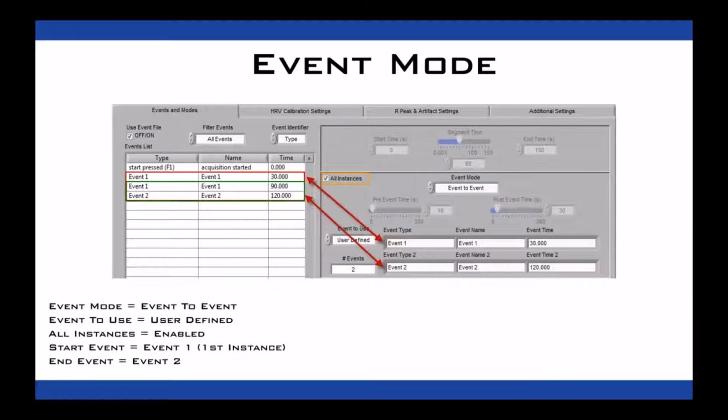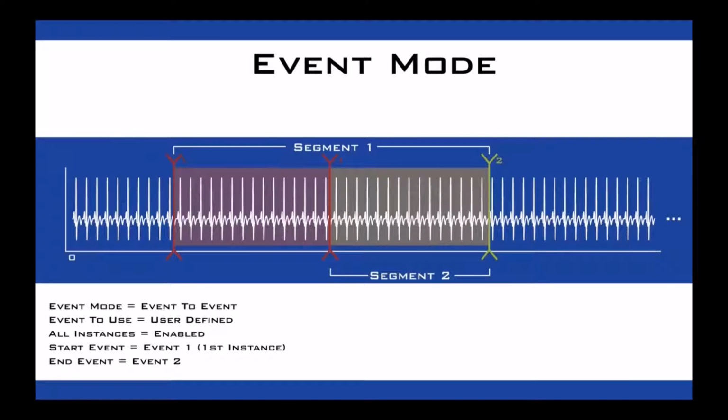Another possibility we could do is to enable all instances. As you see here, we've enabled that. We've still chosen the 30 seconds and the 120 seconds here and here. But the difference that all instances makes is that now we have two segments. We have one from the first time event 1 occurred, which was at 30 seconds, to 120 seconds.